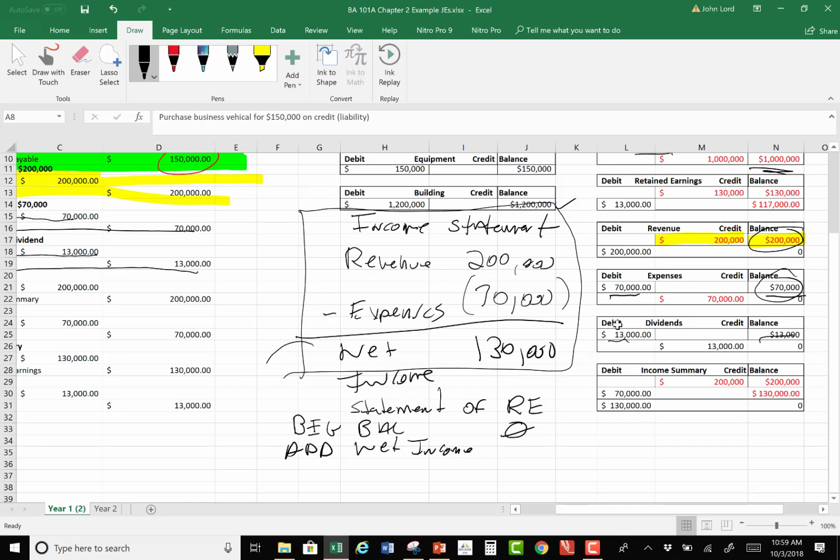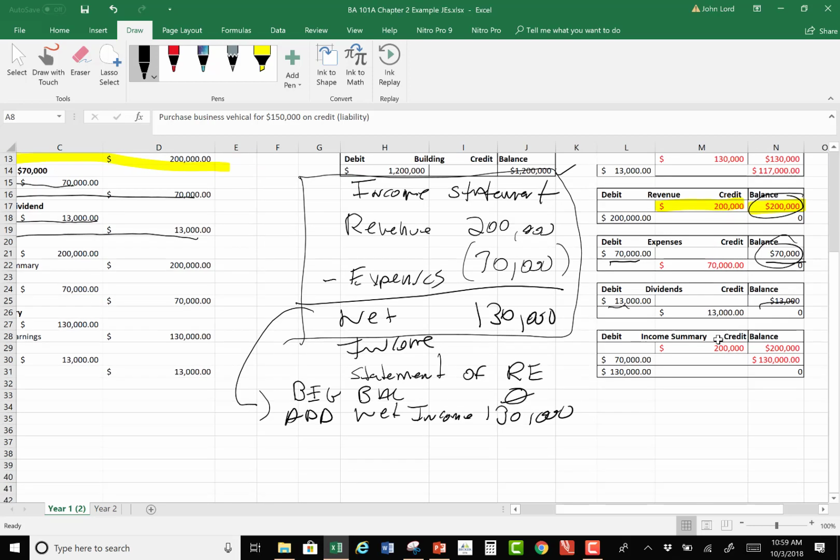And so my net income is 130, so I add that, don't I? Net income? Okay, what do I subtract from my retained earnings? Good. I subtract the dividend, which is 13.